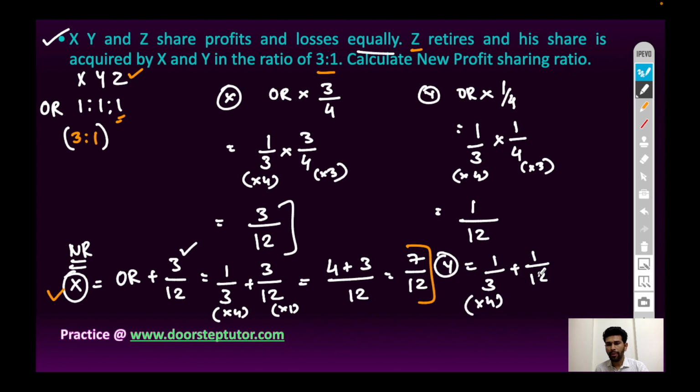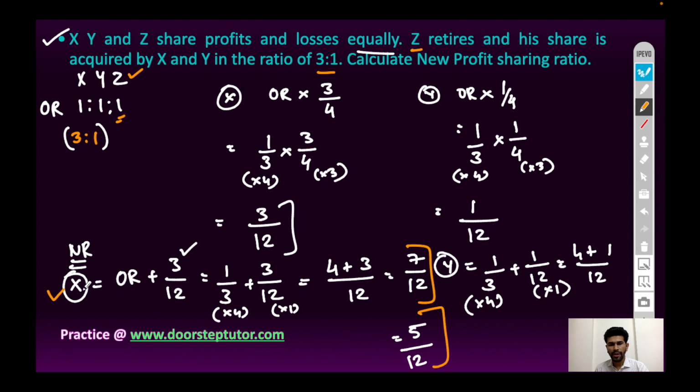To get same denominator, we have to multiply with 4 and 12 with 1. 4 into 1, 4 plus 1 into 1, 1 divided by 12. So 4 plus 1, 5 divided by 12. New ratio of Mr. Y will be 5/12.